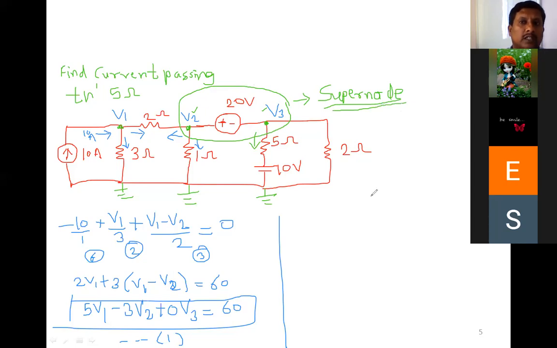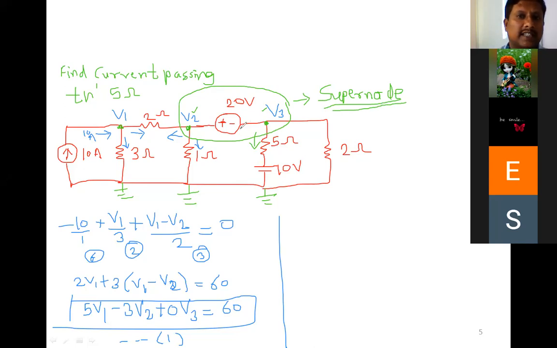In that, except this part, we are going to apply the KCL at V2 and V3 combinedly. We got this equation number 1, that's okay, because for applying the KCL at this point there is no problem. We can find one equation. But here it is difficult to find the equation by applying the KCL separately at V2 and V3, because that is a part of the supernode.